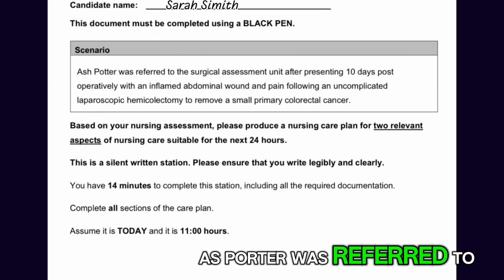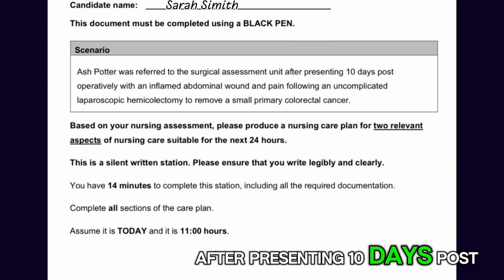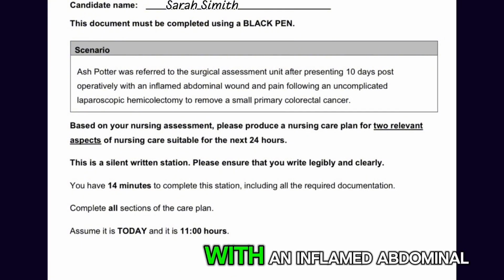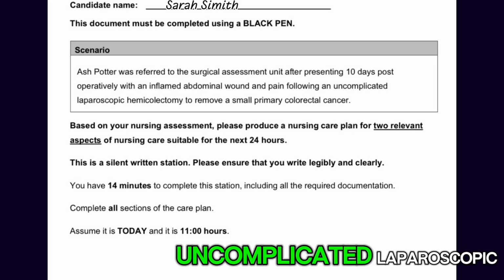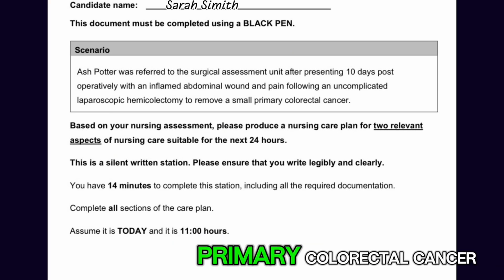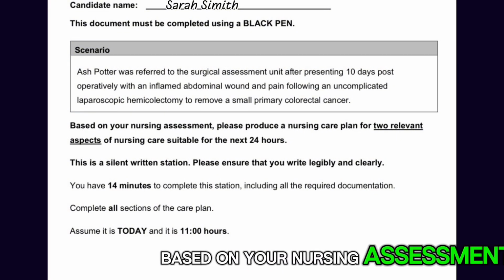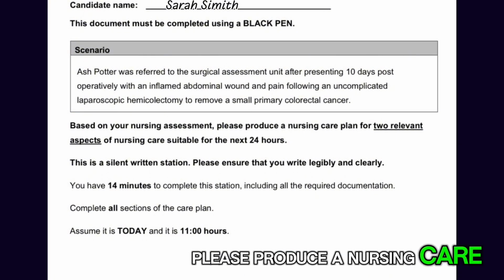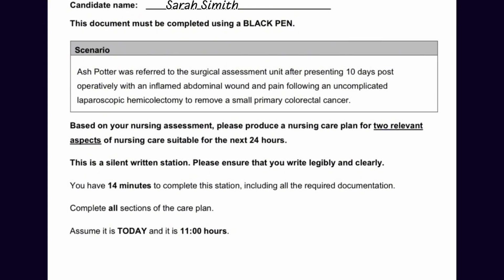The patient was referred to the surgical assessment unit after presenting 10 days post-operatively with an inflamed abdominal wound and pain following an uncomplicated laparoscopic colectomy to remove a small primary colorectal cancer. Based on your nursing assessment, please produce the nursing care plan for 2 relevant aspects of nursing care suitable for the next 24 hours.